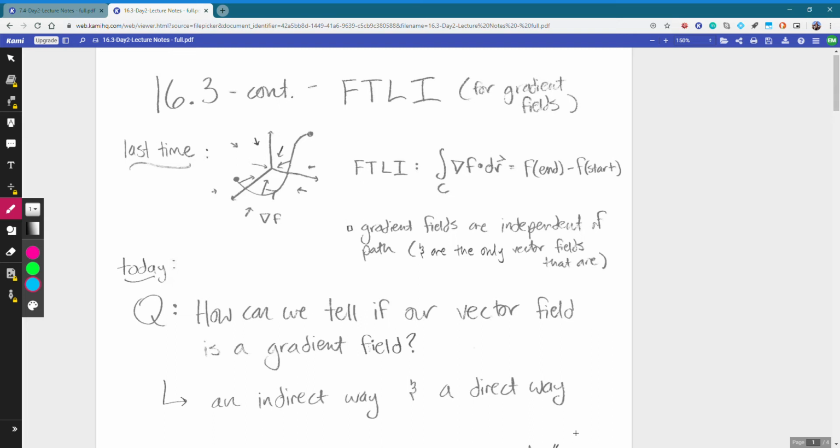Last time we asked the question, how does the fundamental theorem of calculus generalize to higher dimensions? And we saw our first way that it did, right?